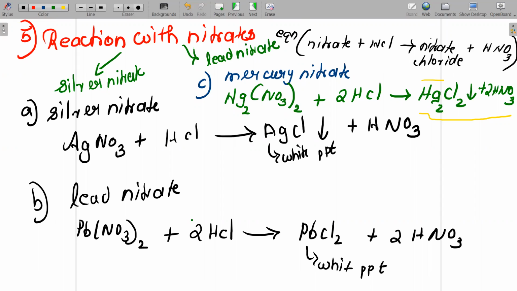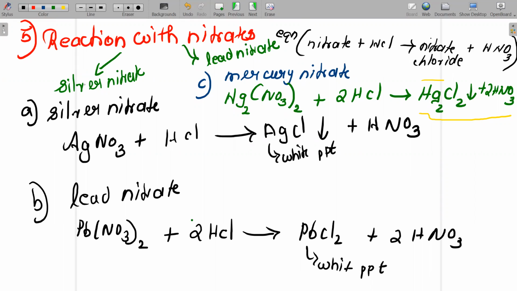First example, silver nitrate introduced into HCl: you got silver chloride plus HNO3. Then lead nitrate: you obtain lead chloride. Third, mercury nitrate: you obtain its chloride also. Based on the nitrate you introduce, that chloride is formed.